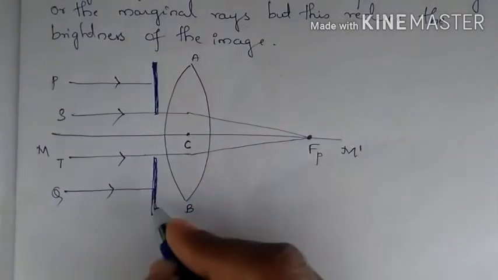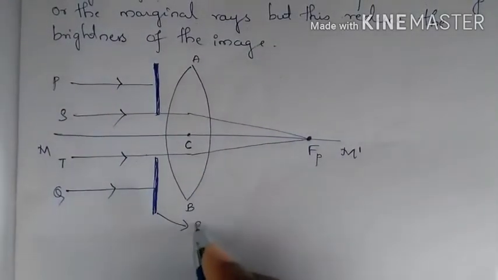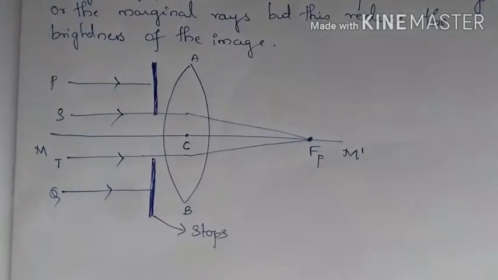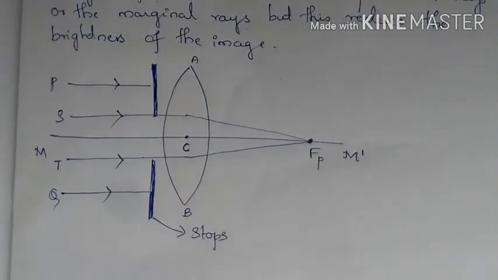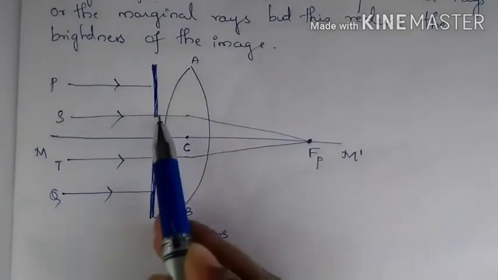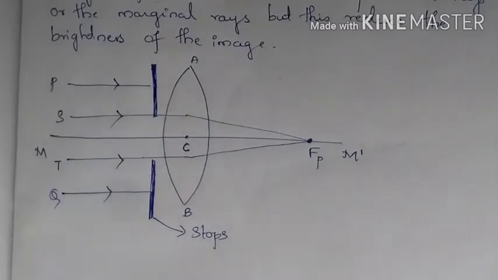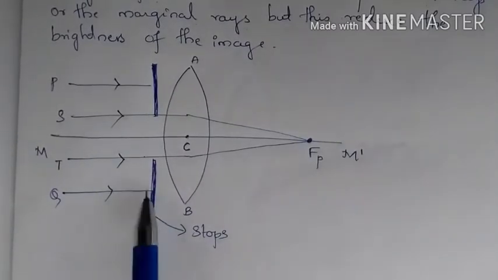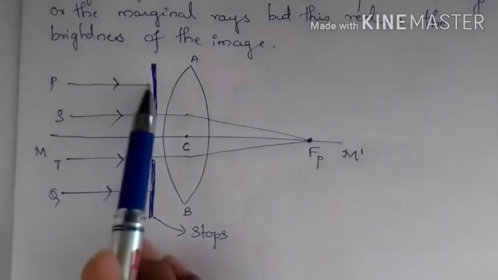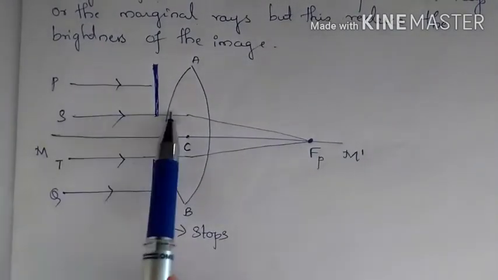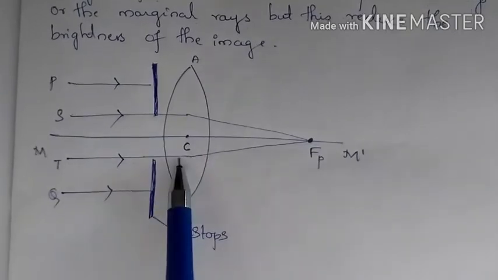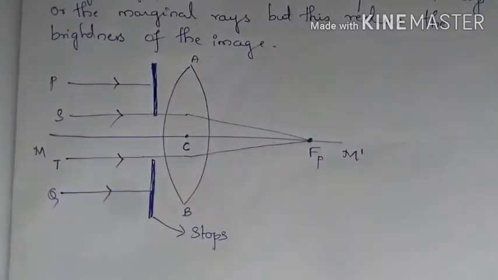Now these are known as stops. These stops are nothing but a circular aperture with a central opening just to allow the paraxial rays. The stops will not allow the marginal rays to pass through them, hence we get only the paraxial rays which pass through the lens and form the image.